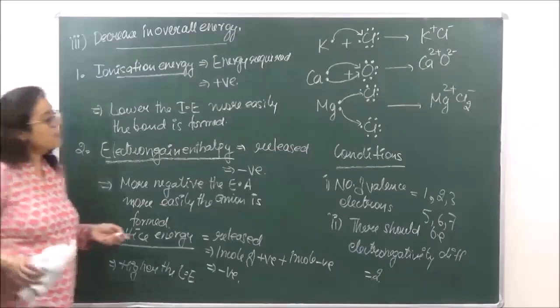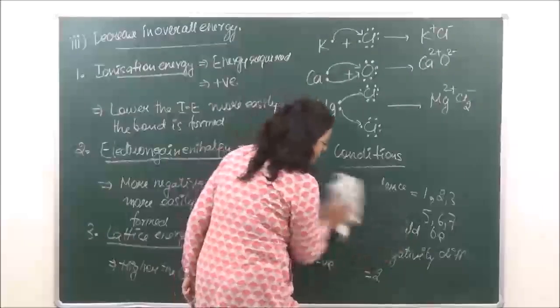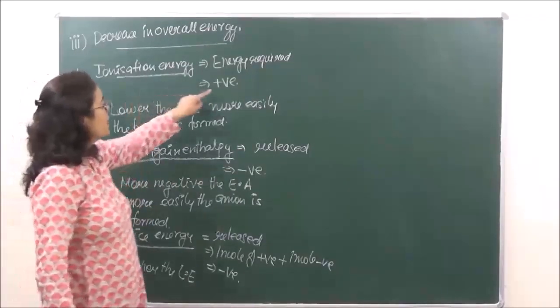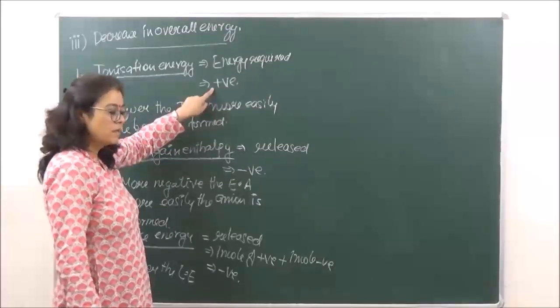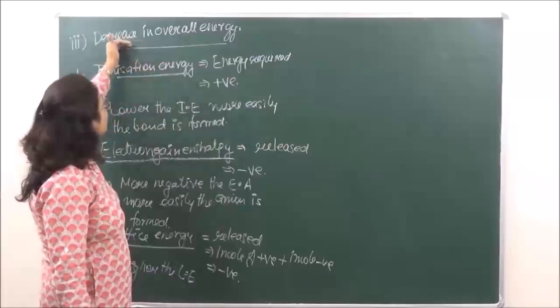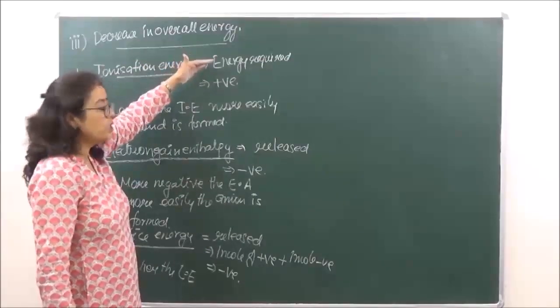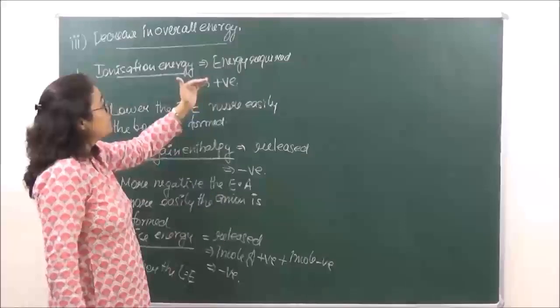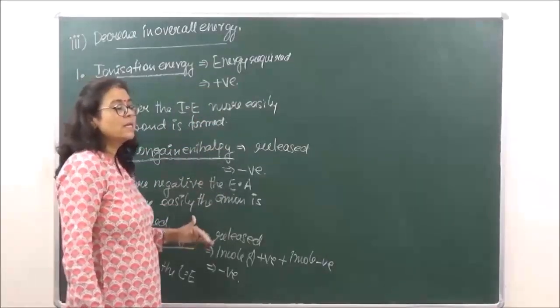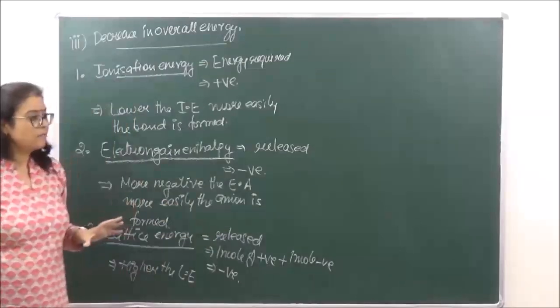Okay, now discussing these three energies over here, we can see that this is positive, this is negative, and this is negative. And we are saying that there should be a decrease in overall energy, or in other terms, when we add up all these three energies, the final result should come out negative.